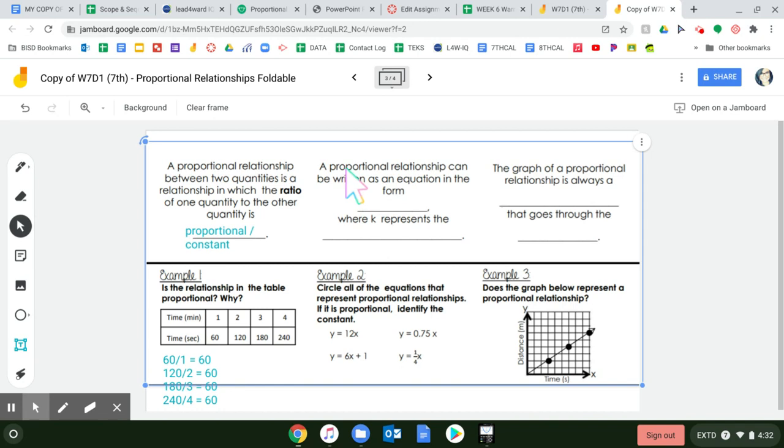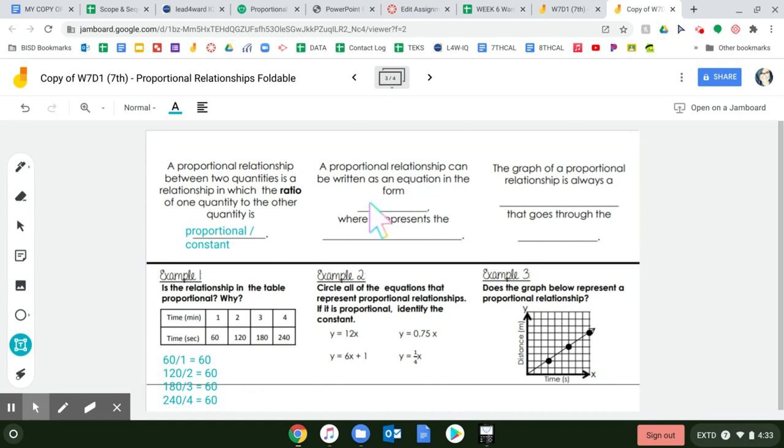So moving on to equations. A proportional relationship can be written as an equation in the form y equals kx. K is representing the constant of proportionality. In this example down here, our constant of proportionality would have been 60.